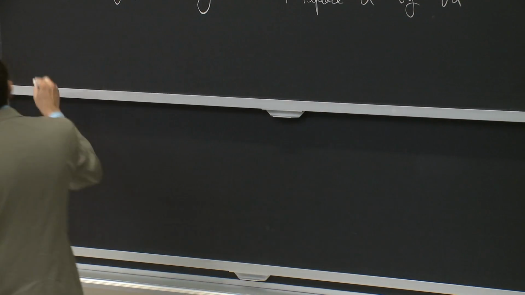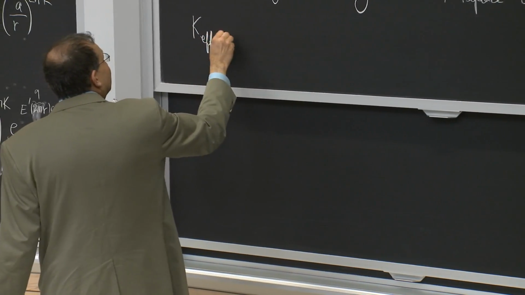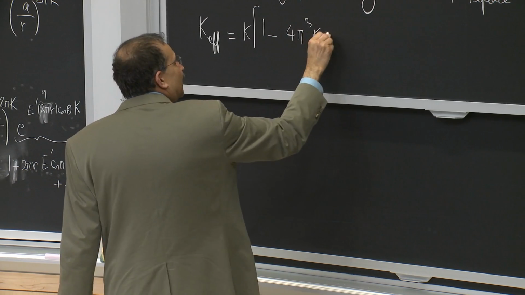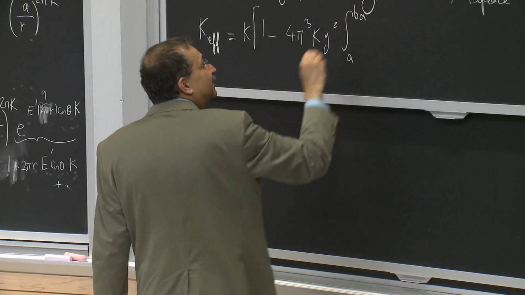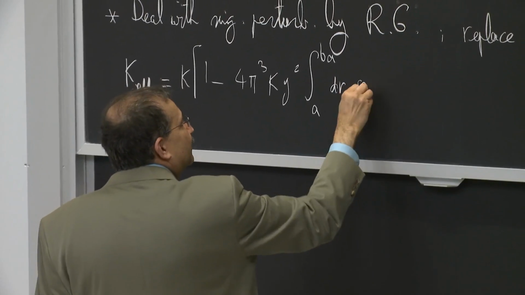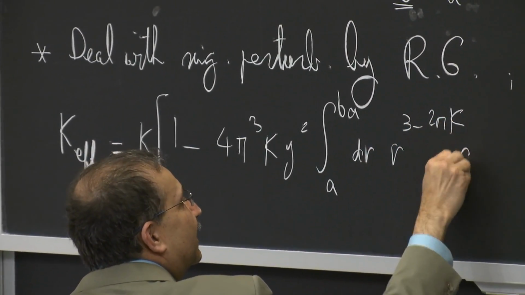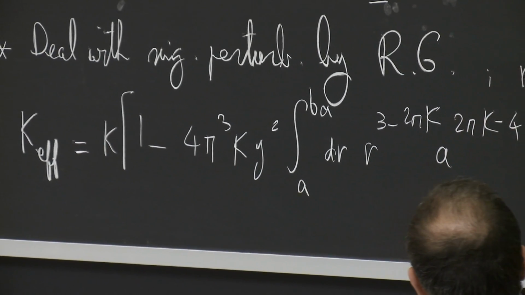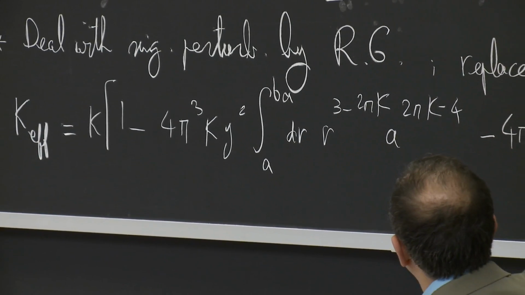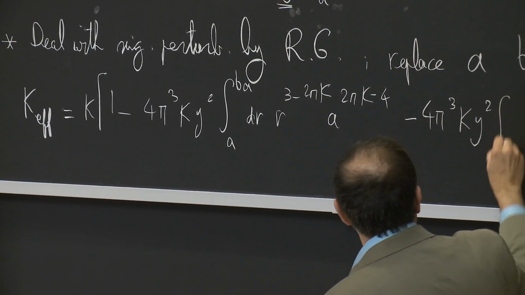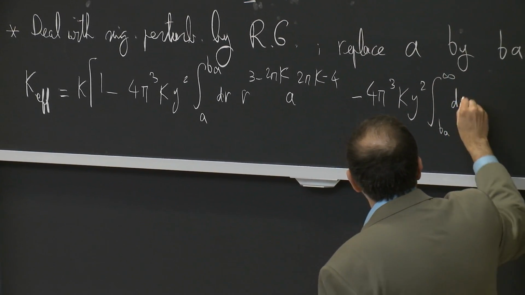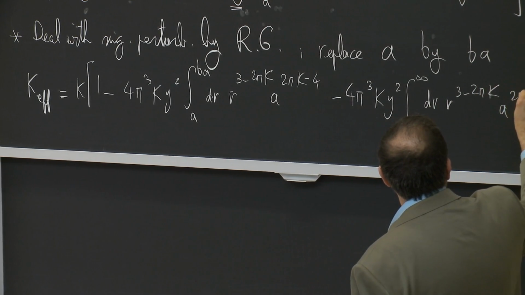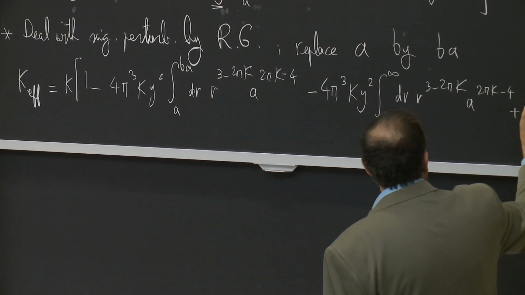So what we therefore get is that K effective is K (1 minus 4π³ K y² ∫ from a to ba dr r^(3−2πK) a^(2πK−4)), and then I still have to deal with 4π³ K y² ∫ from ba to infinity dr r^(3−2πK) a^(2πK−4), plus order of y⁴.